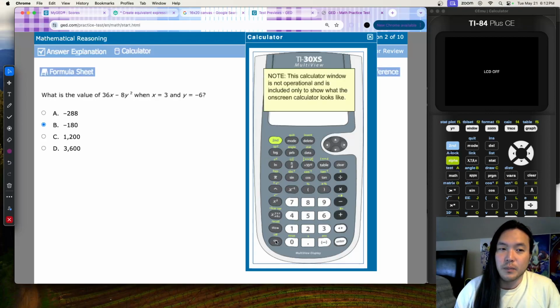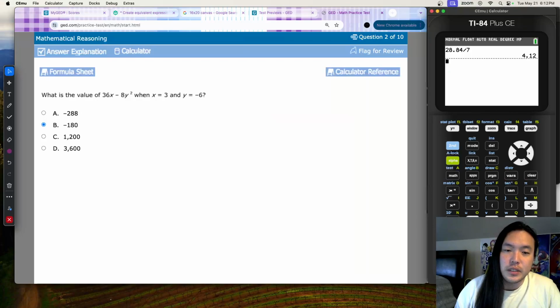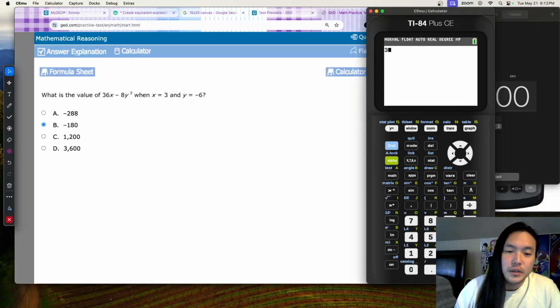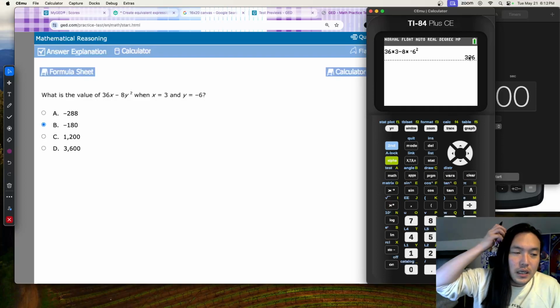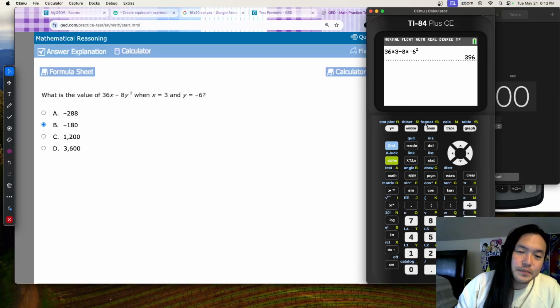So here, what most kids are going to try to do is 36 times 3 minus 8 times negative 6 squared, like this. That's just incorrect. So here, again, my advice is just break it up into as many pieces as possible.